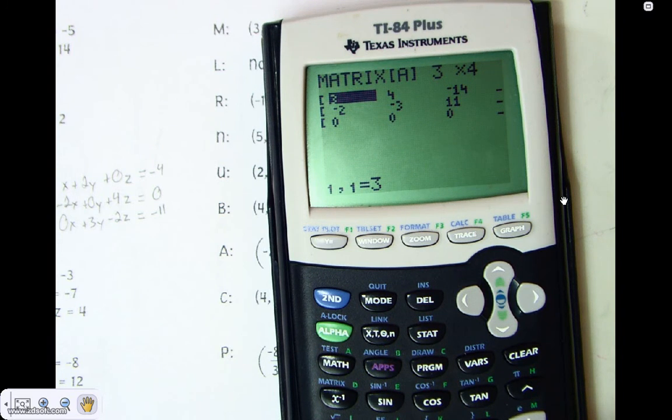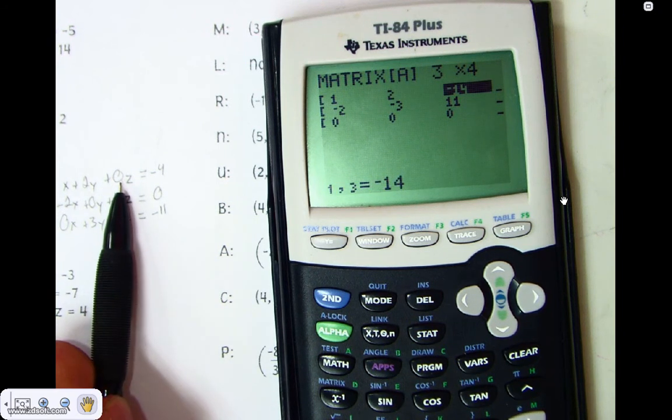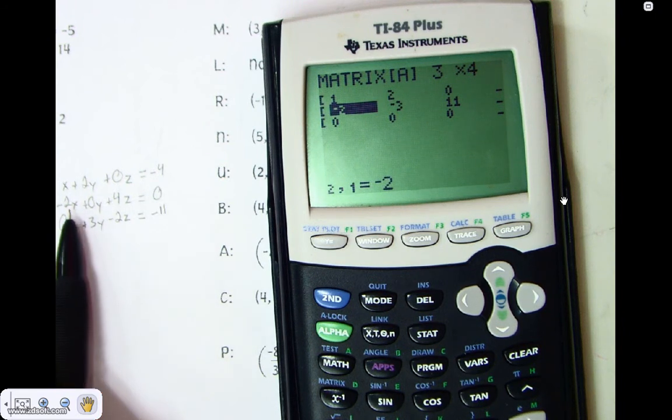Alright, now I'm going to go ahead and enter the numbers in here. So how many x's do I have in that first equation? I have 1x. Okay. How many y's do I have in this first equation? I have 2 y's. How many z's do I have? Now we can see why we wrote 0 z's. I have 0 z's, and you put a 0 there. What does it equal? -4. Okay. Again, how many x's? -2.